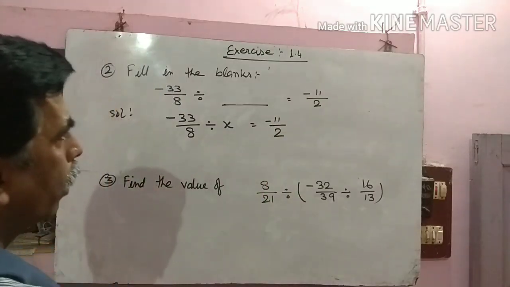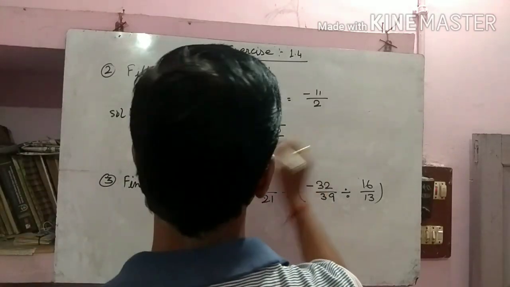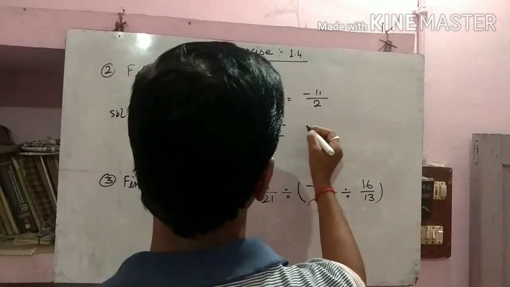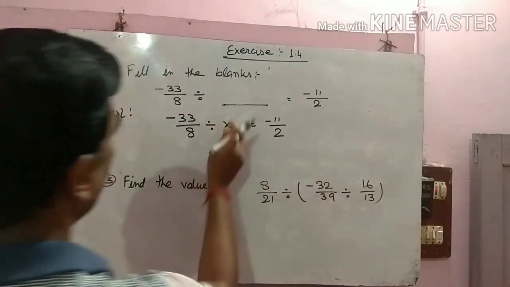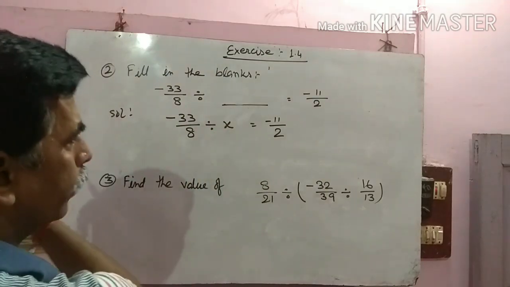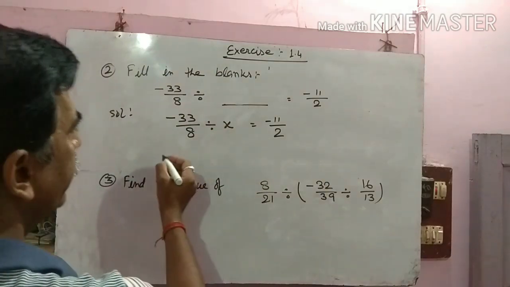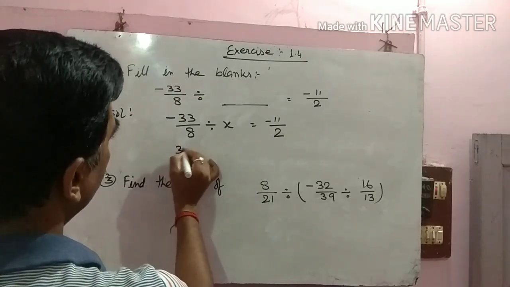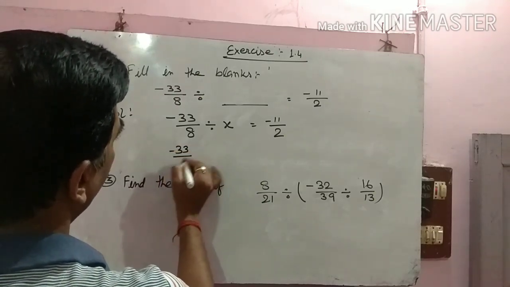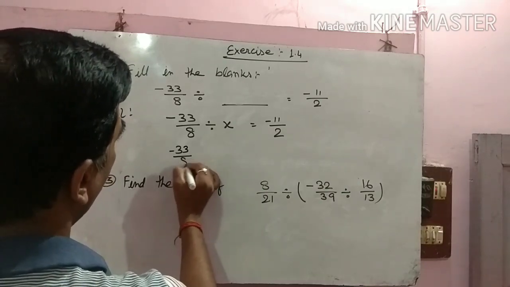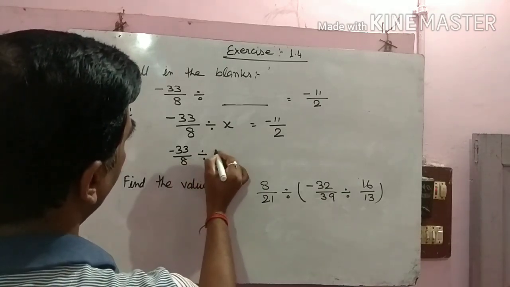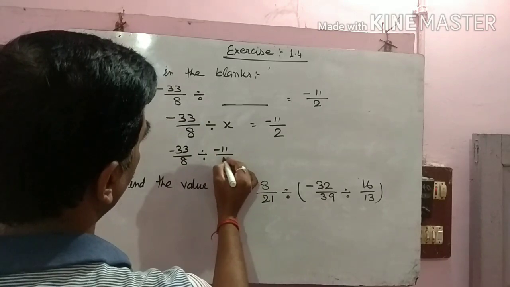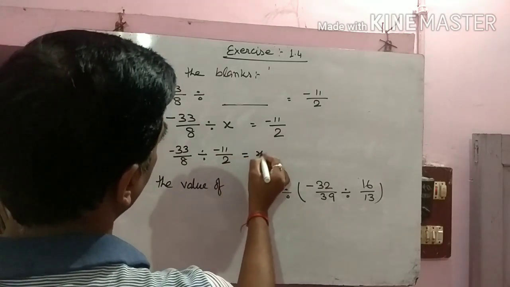Okay, or you can write it like that. This becomes, in the place of the denominator, minus 33 by 8 divided by minus 11 by 2 is equal to x.